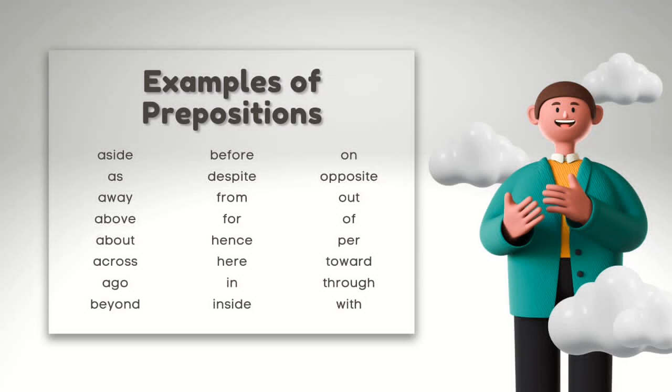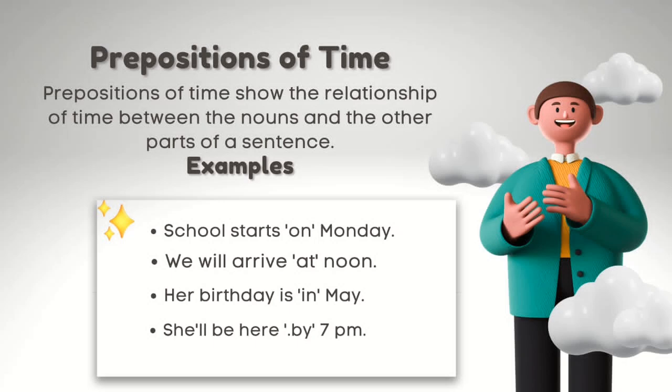Now we are going to be looking at the types of prepositions. The first one we have here is prepositions of time. Prepositions of time show the relationship of time between the nouns and the other part of a sentence.